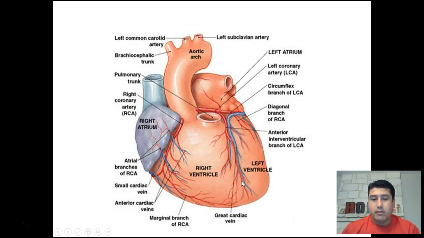So the simultaneous contraction of the top chambers, they contract at once, and then the two bottom chambers contract at once. Okay, so it's a four-chamber, two-pump system. All right, now the heart itself is located directly behind the sternum, tilted to the left and tilted slightly upward. It's about the size of a fist. Okay, so that's the heart.